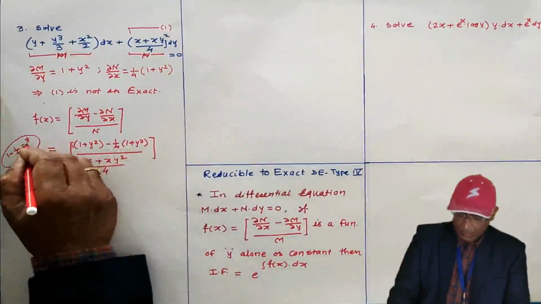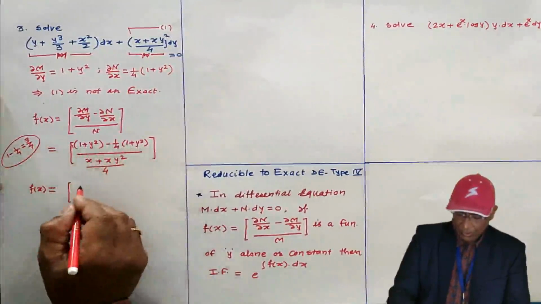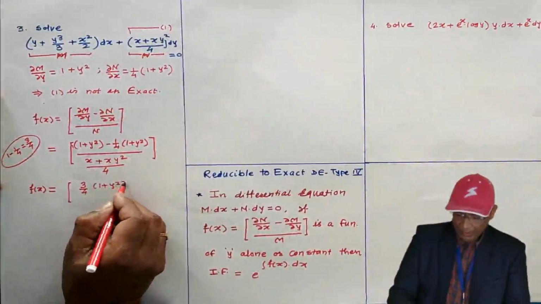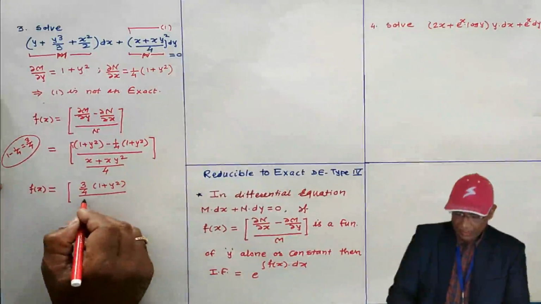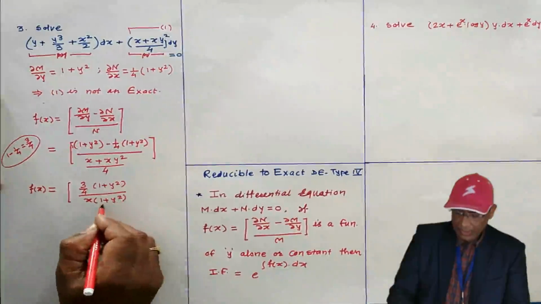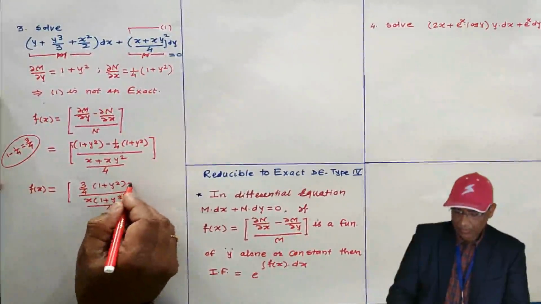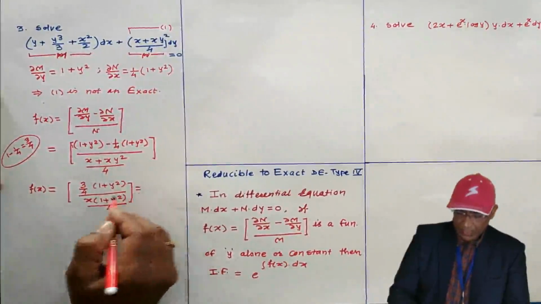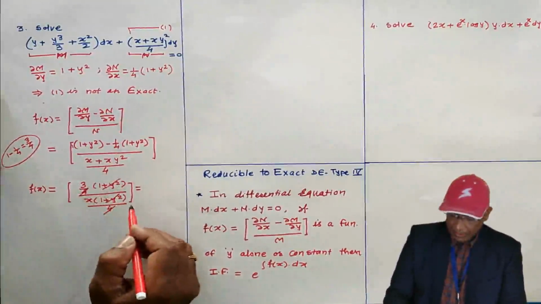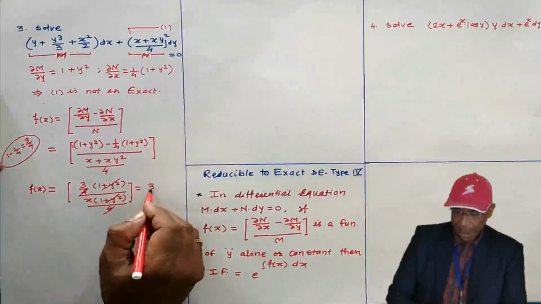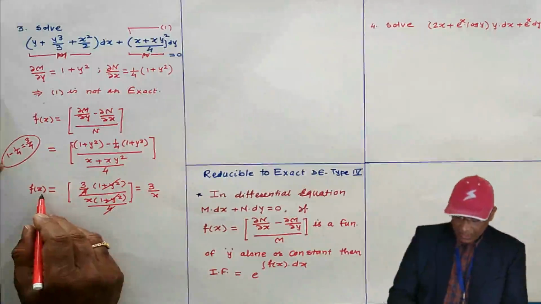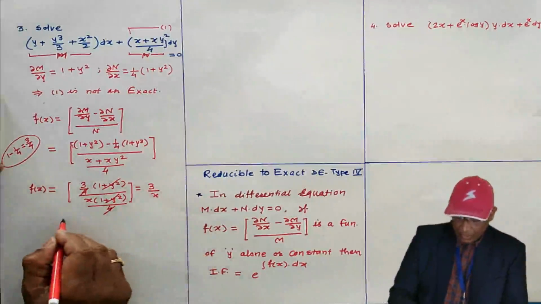So this is 3 by 4 times (1 plus y square), divided by x, which is common here. If anything is common, just take it common. This 4 gets cancelled, and 1 plus y square will be out. Then only 3 by x will remain. The final value of f(x) is 3 by x, and it is a function of x alone.